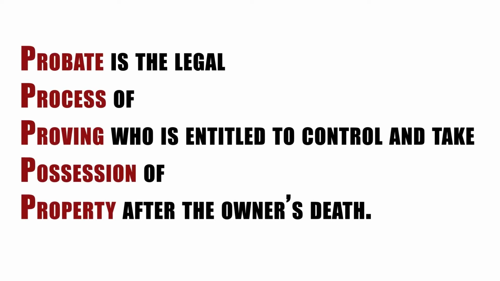Furthermore, after you die, if there is any argument, dispute, or conflict among your heirs or others regarding who is entitled to control or take final possession of your property, then again, probate is necessary. Remember the mantra: probate is the legal process of proving who is entitled to control and take possession of property after the owner's death.